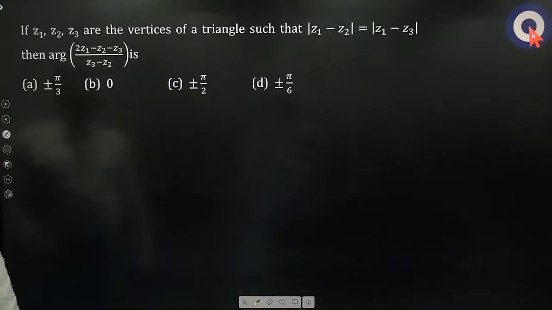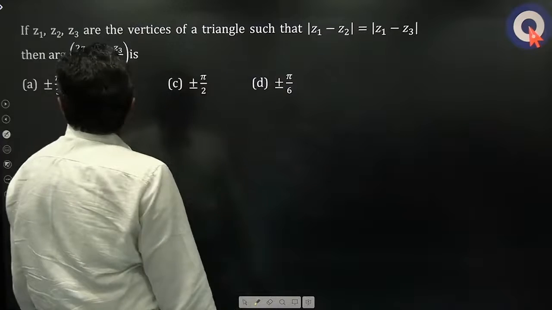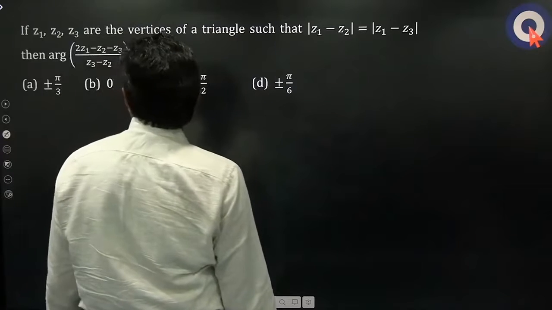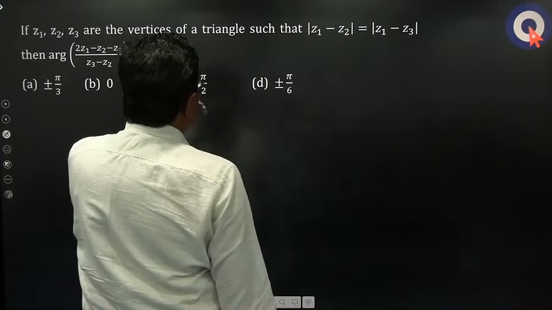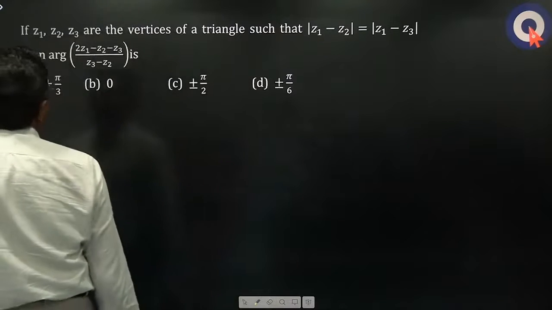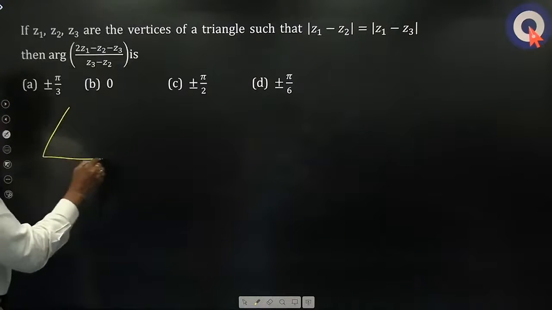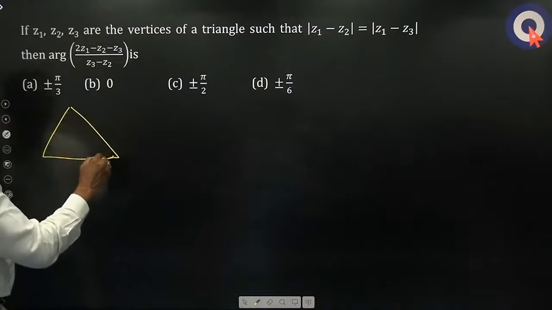Next, if Z1, Z2, Z3 are the vertices of a triangle such that mod of Z1 minus Z2 is equal to mod of Z1 minus Z3, then the argument of 2Z1 minus Z2 minus Z3 by Z3 minus Z2 is? All right. So we shall consider a triangle.